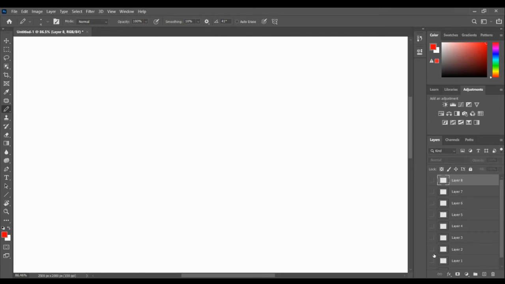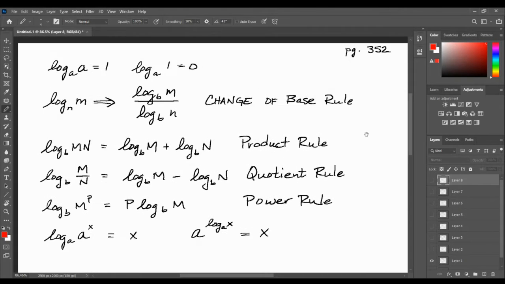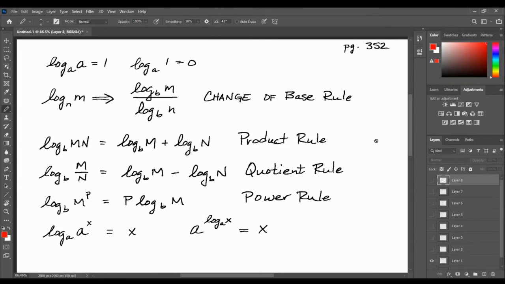Those are, like I said at the start, on page 352 of the text. Make sure you do the homework. It looks like there are quite a few problems in there, 19 of them, that will let you practice these properties. You will simplify logarithms. You will combine and simplify. You'll use these various rules, just like we did here.